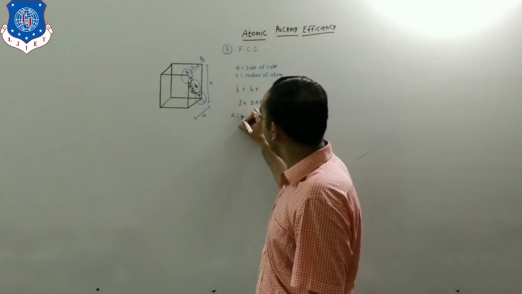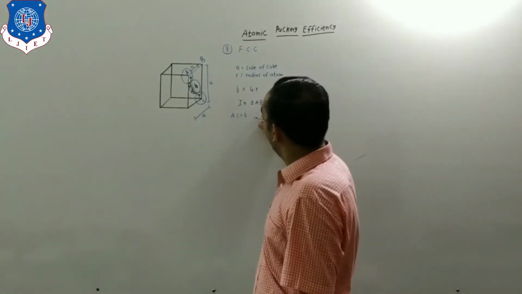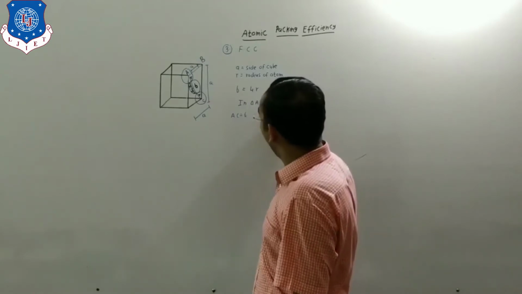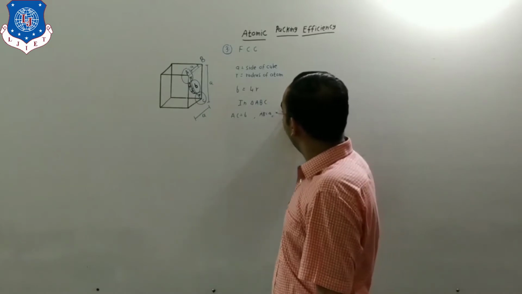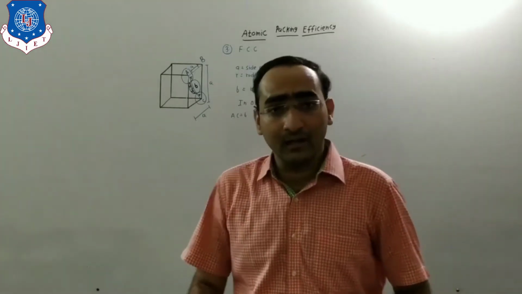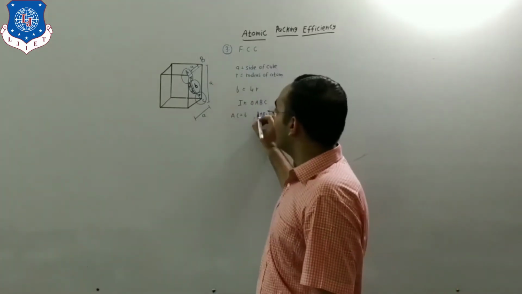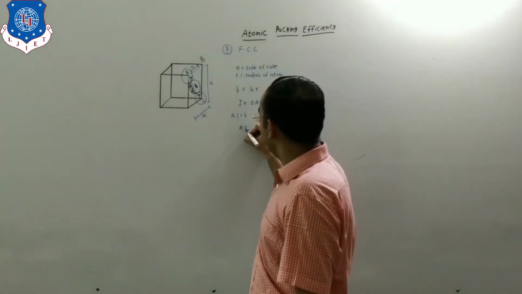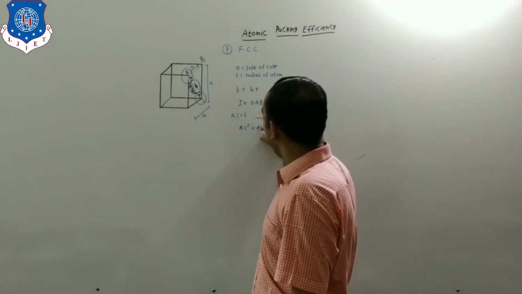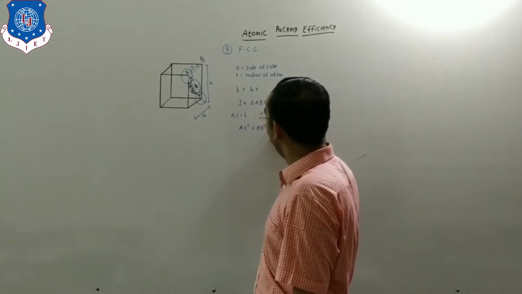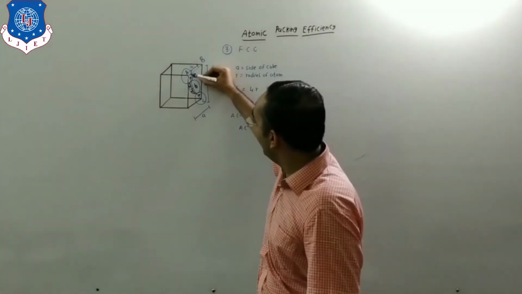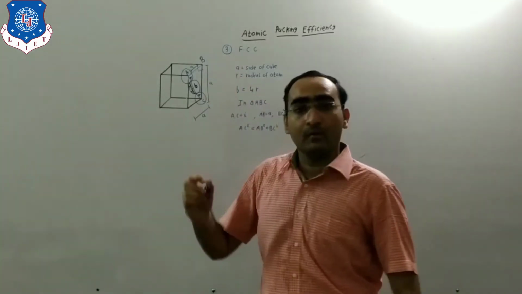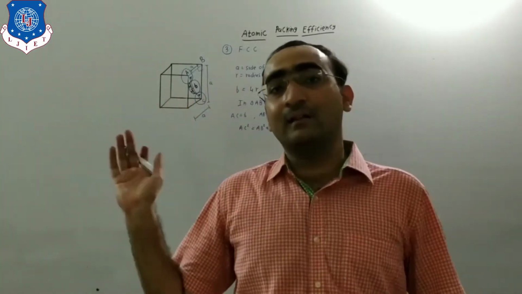So AC will be equal to B, AB will be equal to A, and BC is equal to A. Clear? Now in triangle ABC, AC square is equal to AB square plus BC square, because of the Pythagoras theorem, as each and every angle here is 90 degrees.